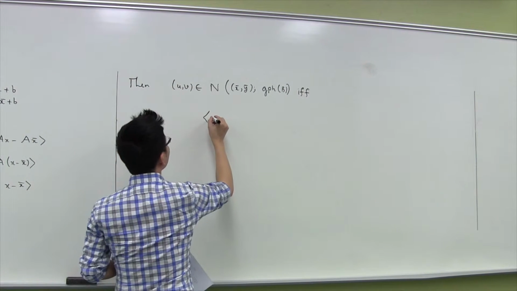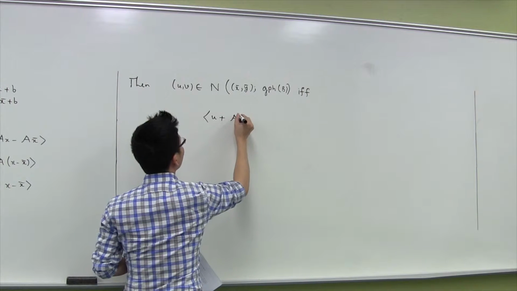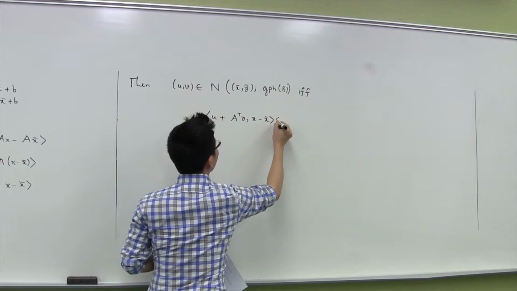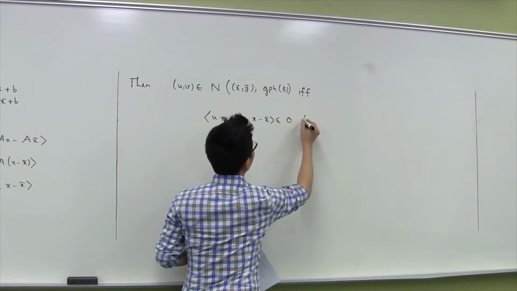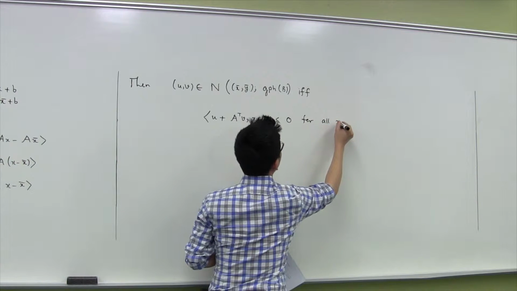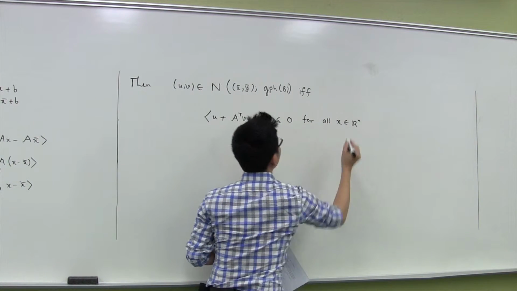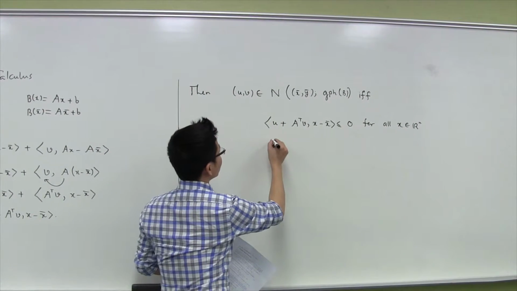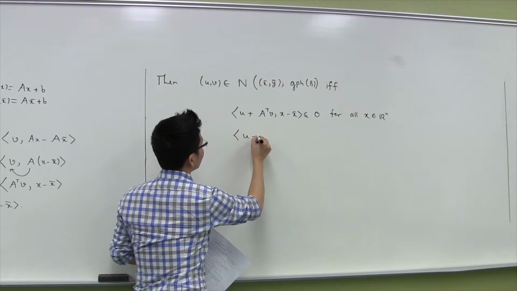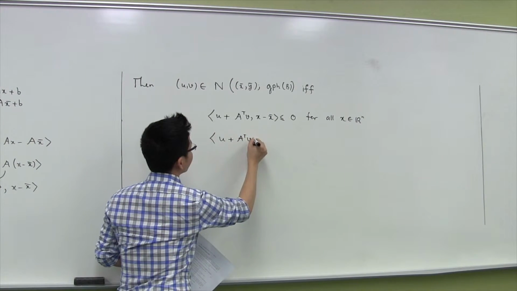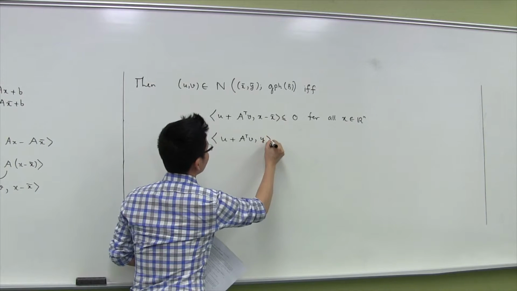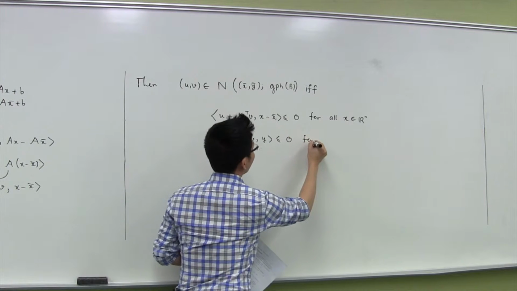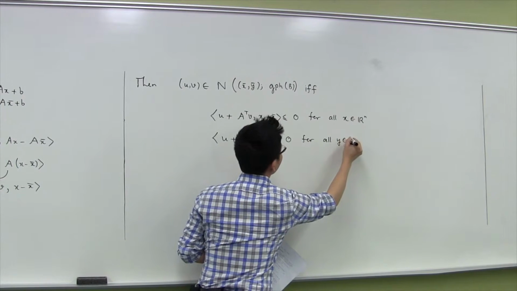The inner product of u plus A transpose times v and x minus x bar is less than or equal to 0 for all x in Rn. Note that this condition is equivalent to the following. The inner product of u plus A transpose times v and y is less than or equal to 0 for all y in Rn.